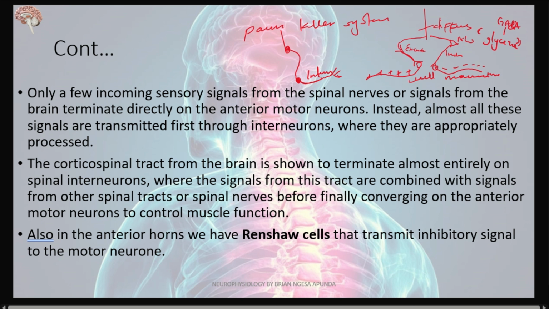Interneurons allow the nerves to modulate the kind of information, to decide whether to give it an excitatory or an inhibitory effect. Whereas in some few connections where you can have the direct connection between the sensory and the motor, we normally have minimal control in terms of excitation of the lower motor neuron, which is likely just to be a direct excitation.